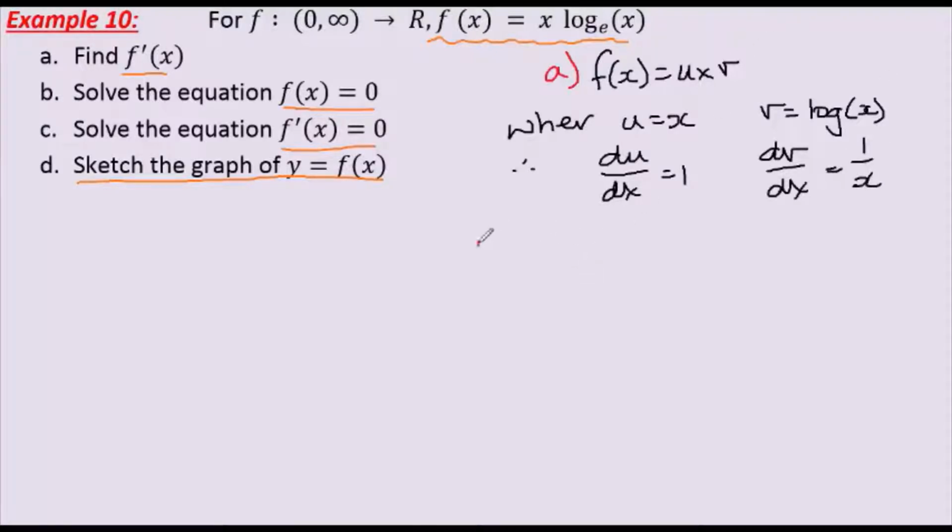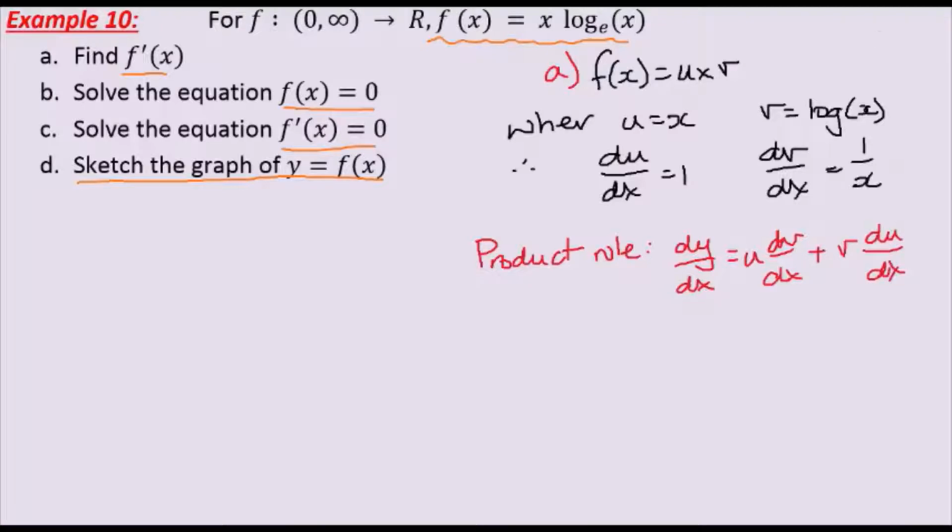So if we're going to use the product rule, then we're going to say dy dx equals u dv dx plus v du dx. And now let's chuck some stuff in there, which equals x times 1 over x plus log x times 1.